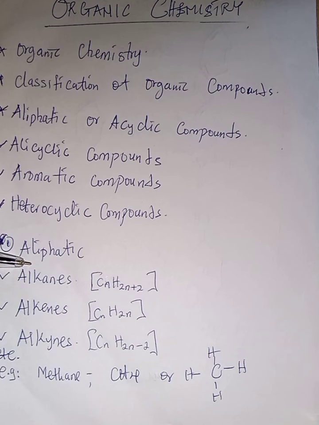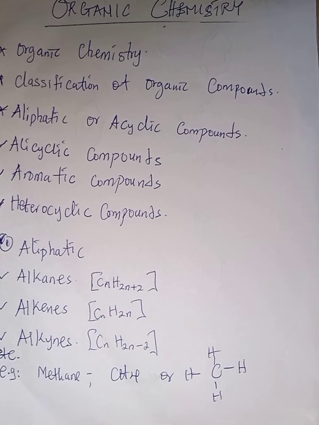Alkane is saturated because it's comprised of carbon-carbon single bonds. Then alkene is unsaturated because it has at least one carbon-carbon double bond. Then alkyne is unsaturated because it has at least one carbon-carbon triple bond.